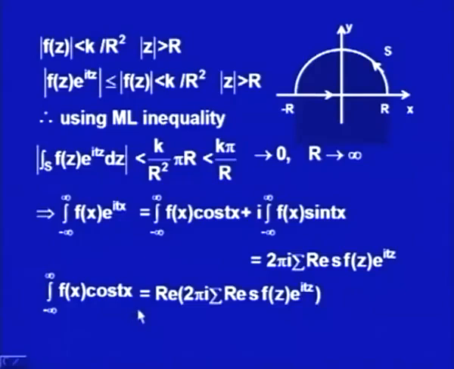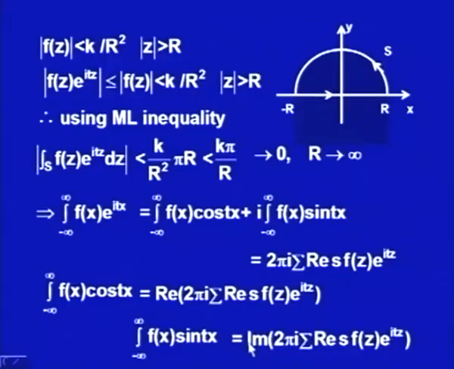And when we compare the imaginary parts, we get that the integral of f(x) sin t x dx should be the imaginary part of 2 pi i times the summation of the residues of f(z) e to the power i t z, where the summation is running over all the poles in the upper half plane.